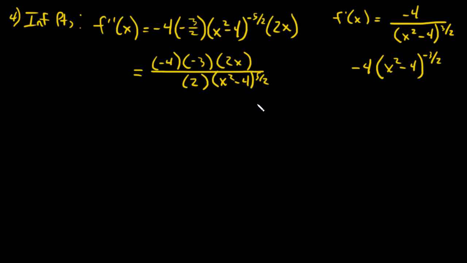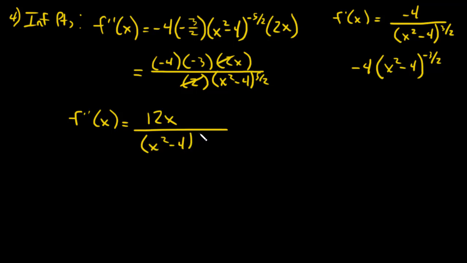Okay, so this 2 is going to cancel that 2, and I'm going to be left with, let's see, is that 12x on top? So f double prime of x equals 12x over (x squared minus 4) to the 5/2 power. There we go. That's our final f double prime of x.